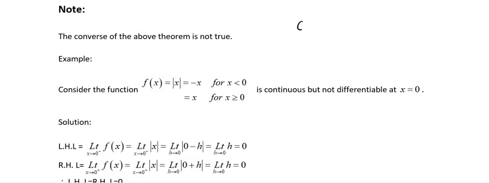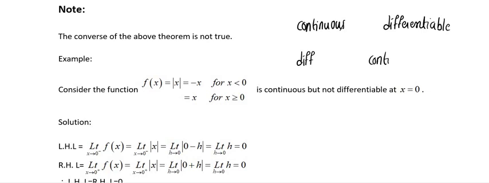That means every continuous function need not be a differentiable function. What we proved in the previous theorem is that every differentiable function is a continuous function, but the converse need not be true.